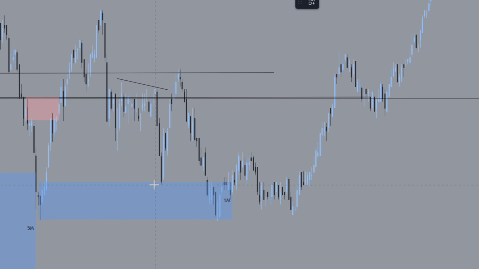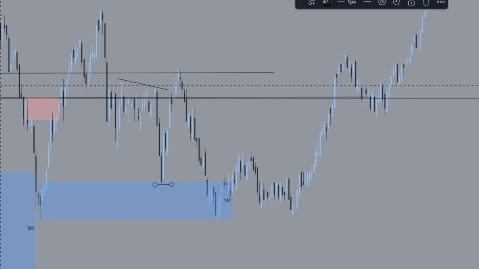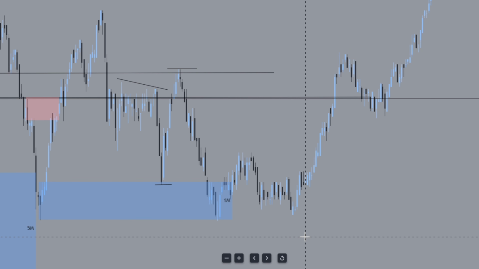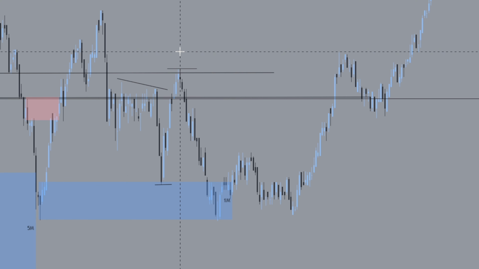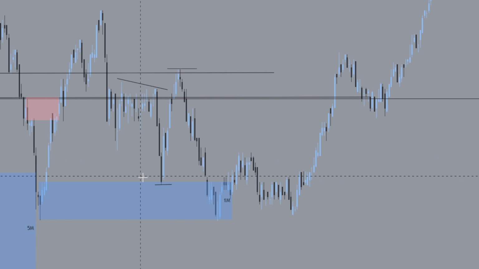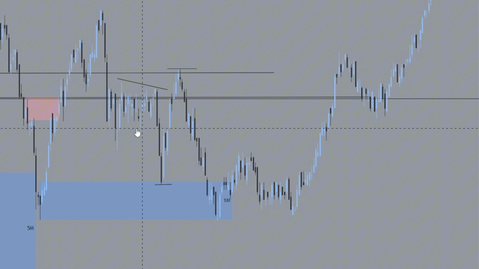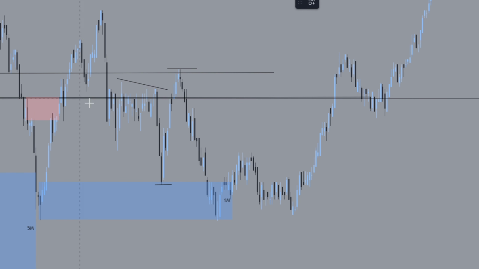So we have liquidity on the upside, we have liquidity on the downside, right? We have liquidity on the upside, and as it plays through, what does it do? It generates more liquidity. So as it swept to the downside and swept back to the upside, it's doing what? It's sweeping liquidity on both sides. And what is liquidity doing?